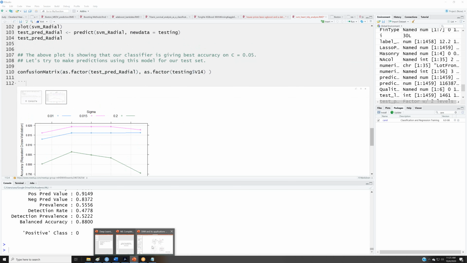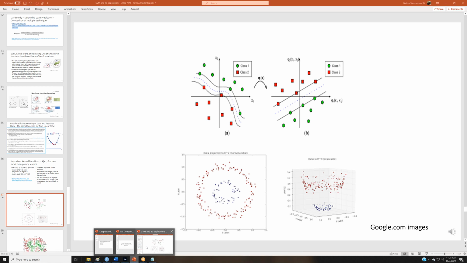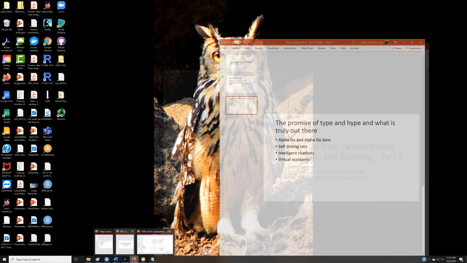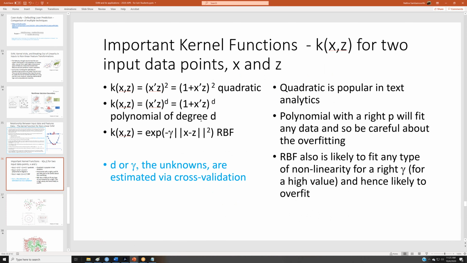I don't know whether I highlighted that or not, so let me go back to that. Here, 1 over sigma is gamma, basically. So you can call it gamma also, that's fine, but it's called sigma there. The relationship between sigma and gamma is inverse. Instead of sigma, similar to the normal distribution, here it has gamma. Is everybody good?